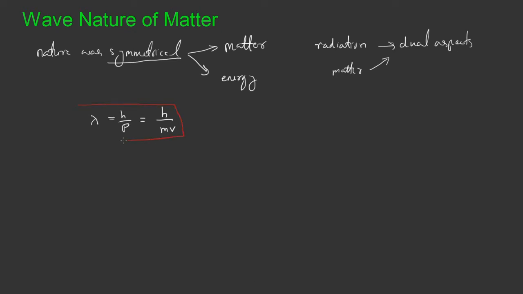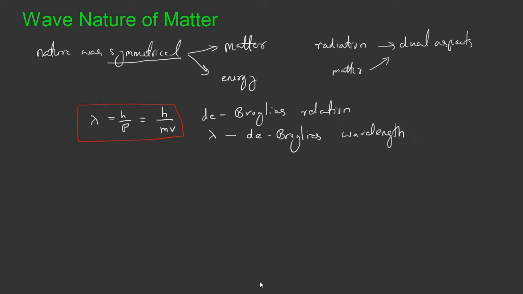This equation is known as de Broglie's relation, and the wavelength lambda of the matter wave is called de Broglie's wavelength.